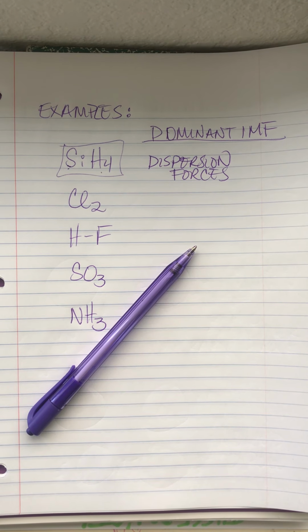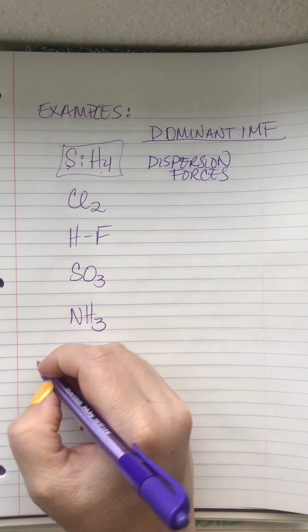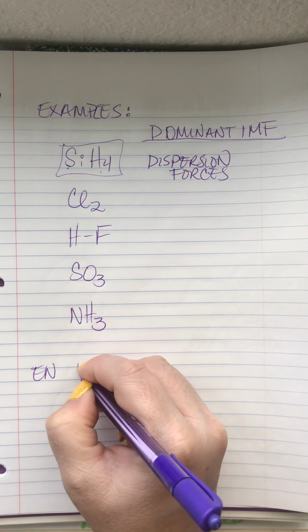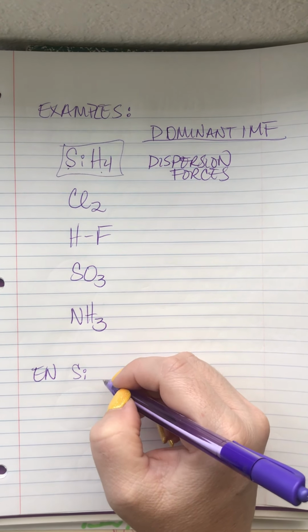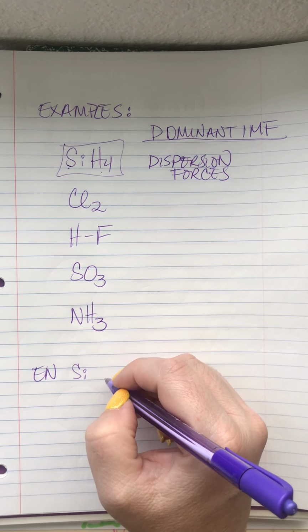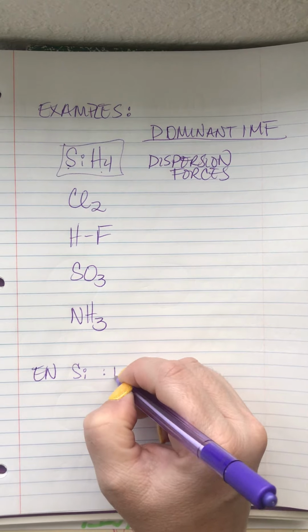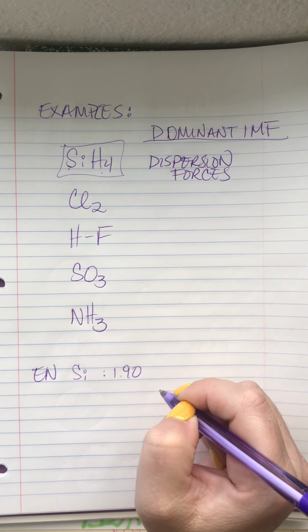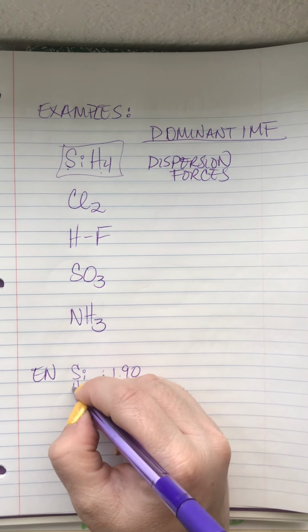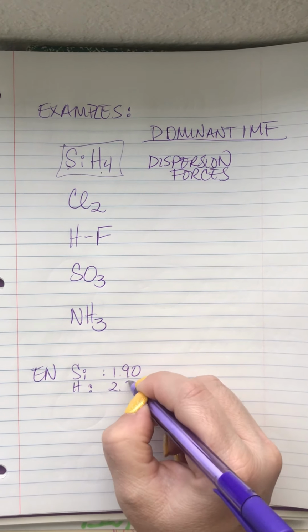That's correct. So if we look at the actual electronegativity for silicon, and I wouldn't give you this one on an exam because this is one of the exceptions, silicon has an electronegativity of 1.9, and hydrogen has an electronegativity of 2.2.